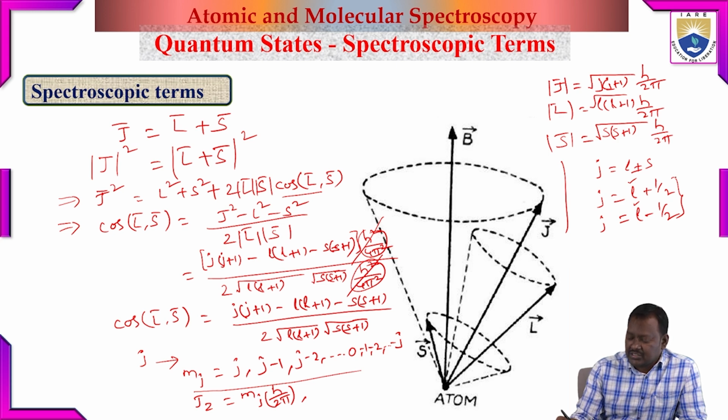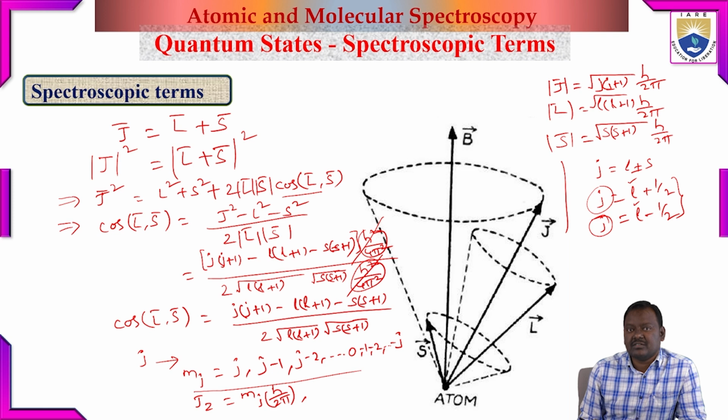Okay, so this type of splitting occurs with the inclusion of the spinning of the electron. The total angular quantum number changes with the spin quantum number. All these are represented by the vector J bar.